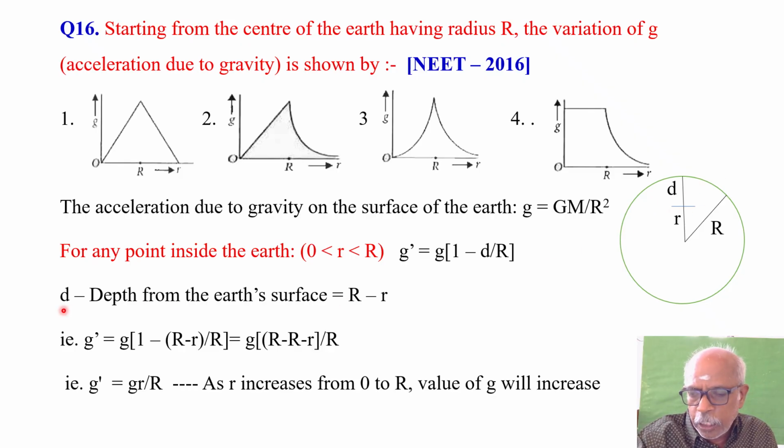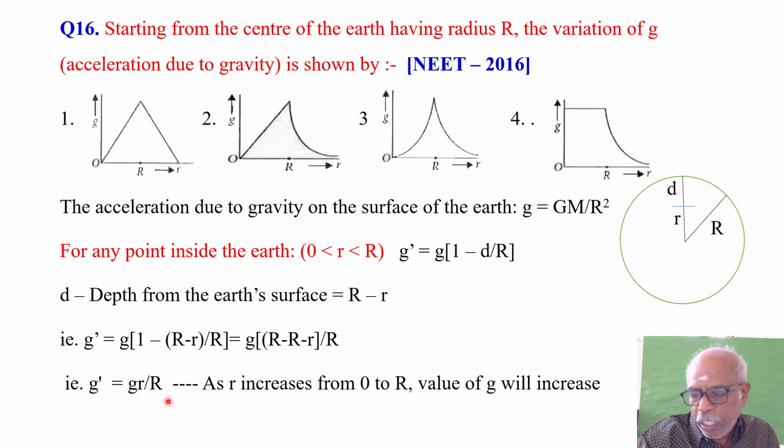So small d is equal to R minus r. Substitute this value in the equation. g dash is equal to g into 1 minus (R minus r) divided by R. Taking R as a common factor, it is R minus R plus r, so minus minus becomes plus, divided by capital R. The capital R terms cancel, so g into small r divided by capital R. g dash is equal to g r divided by capital R. What is capital R?